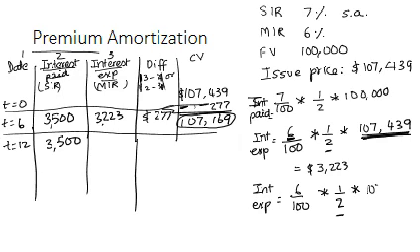So you will use 107,169 and you will arrive at 3215.